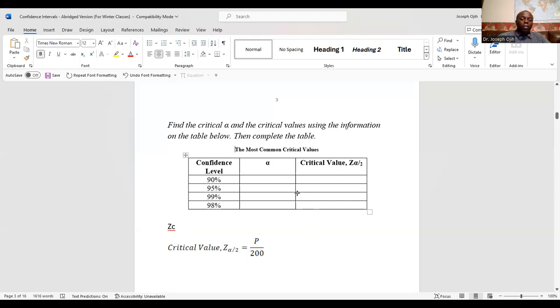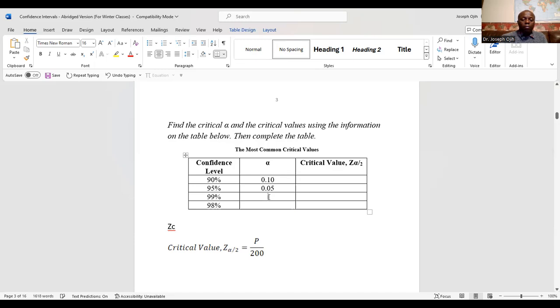The alpha, if you're 90% confident, your chance of being wrong is 10%, which means that alpha is 0.10. If you're 95% confident, your chance of being wrong is 5%, which means that your alpha is 0.05.